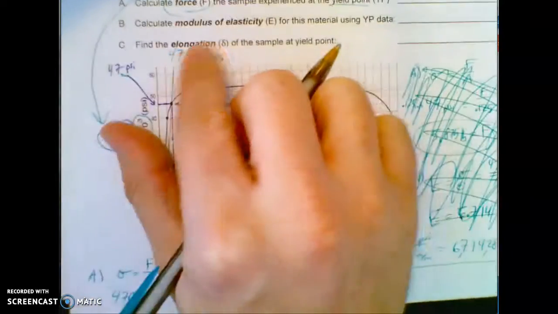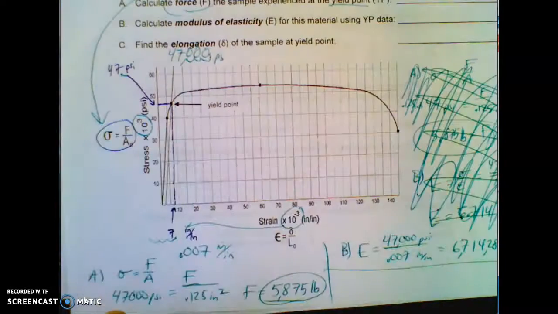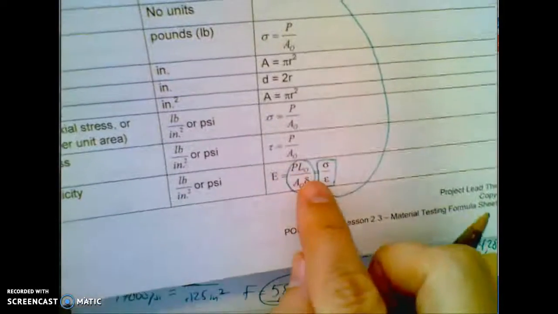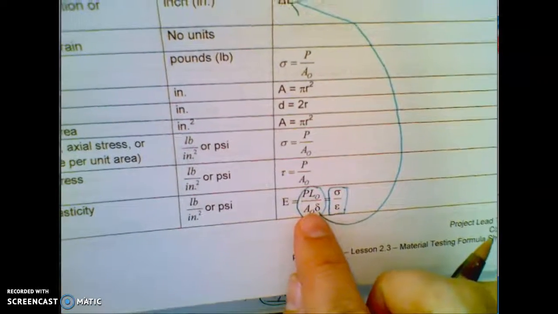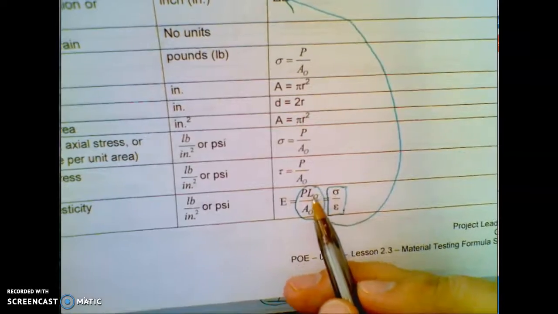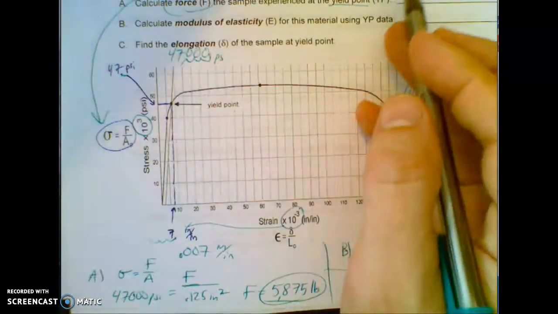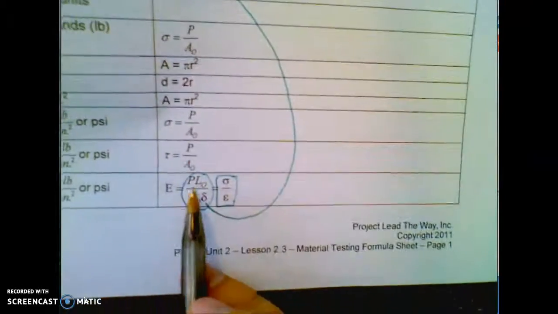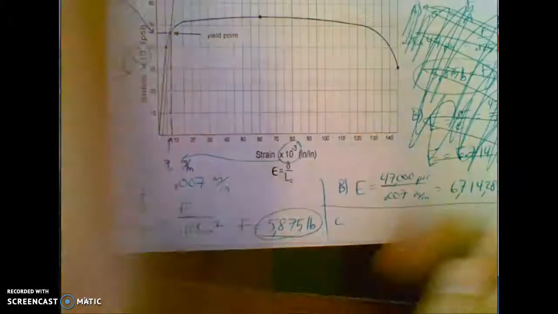And then the last one is find the elongation, or delta. So remember, elongation, I could use this formula because I know everything else. I now know my E, I know my force, I know my original length because it was given in the problem in inches, and I know my area because I could figure that out. So let's try that out.